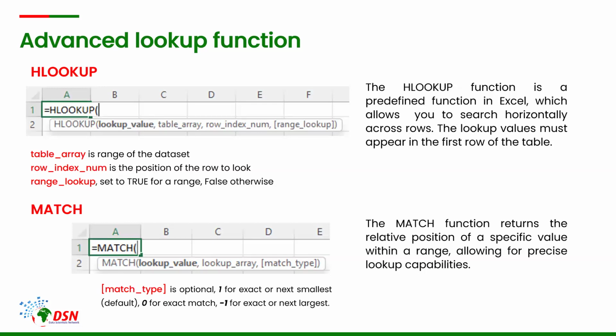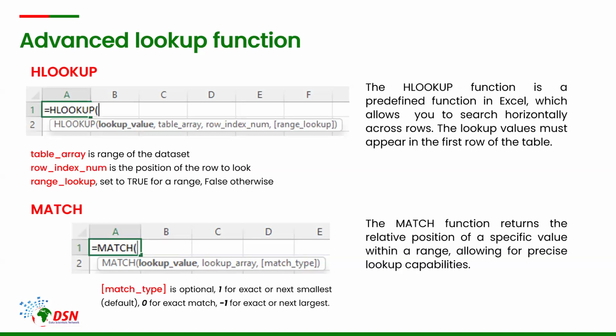It allows us to specify the value we want to look for, and then we have a table array to specify our table. Then the row index number. Now the row index number is, let's say, always 1, because the lookup value must always appear at the top.